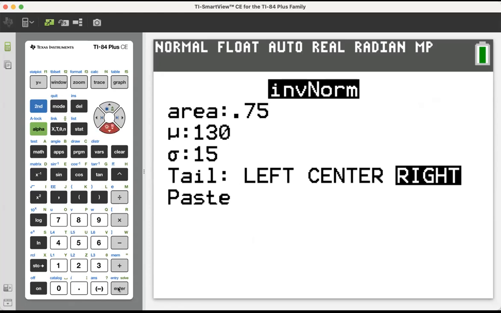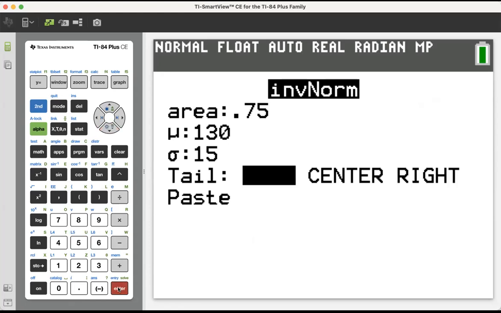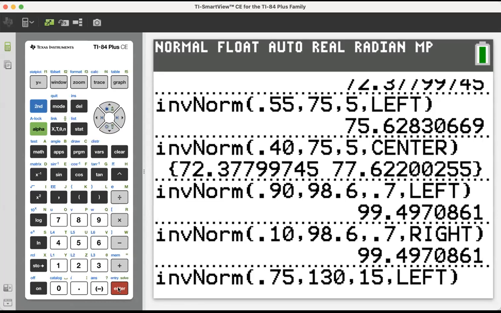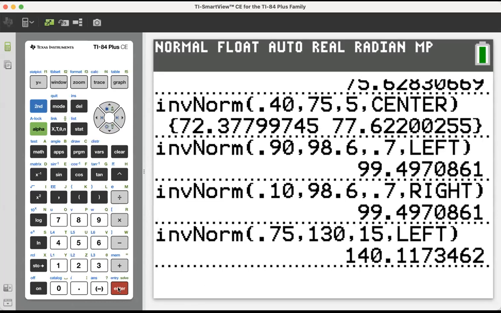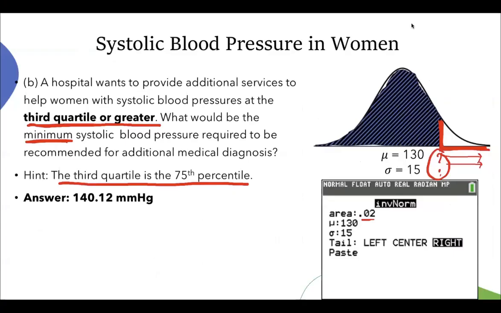And since this is the 75th percentile, we are going to change the tail to left and paste this. And I expect to have a blood pressure more than the mean. Okay, 140.12. So while I do have the right answer in the slideshow, I have the wrong picture, so I will fix that. Okay, so 140.12.